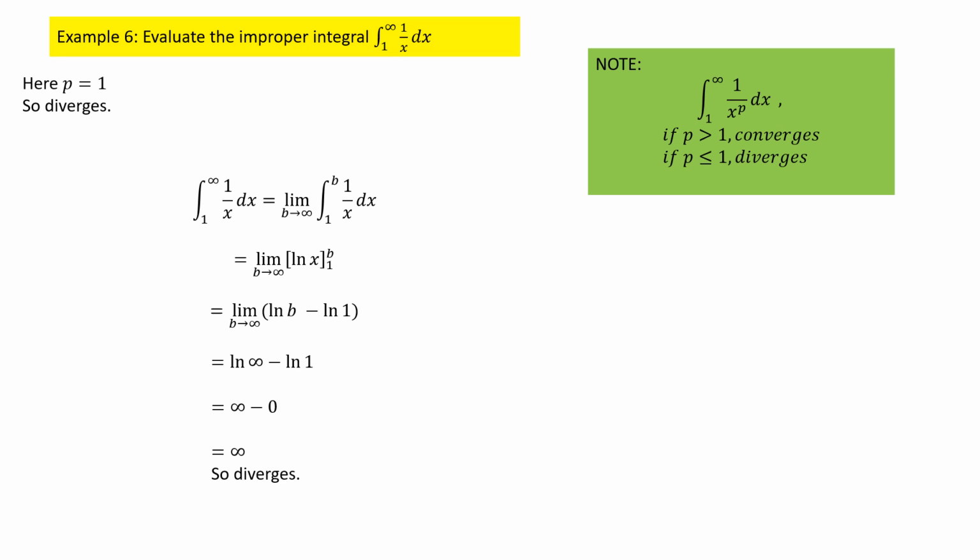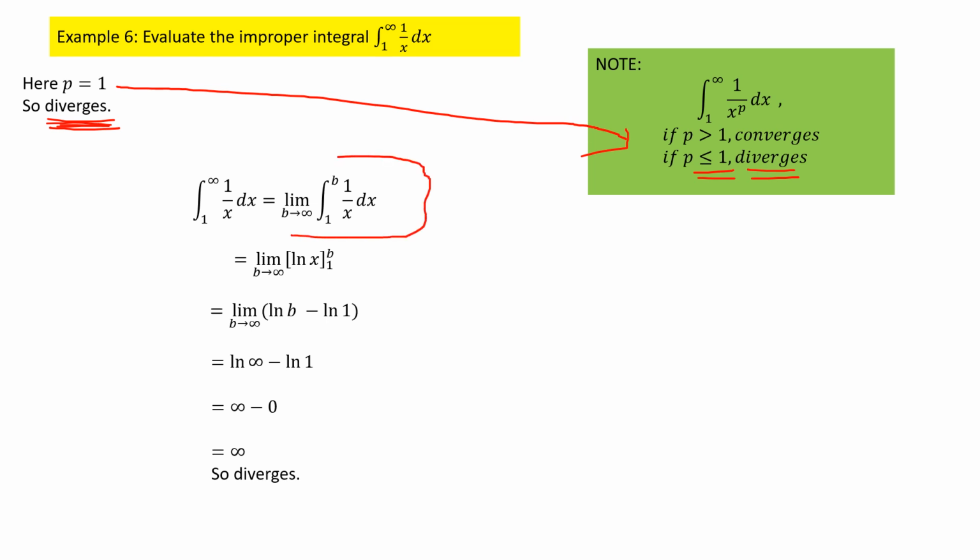Same way, evaluate the improper integral, integral of 1 over x into dx. If I compare the p-value with this condition, I come to know here the p-value is exactly equal to 1. So I can say the problem is going to be divergent, or we will get a divergent value. Okay, let us calculate what the value is. So first step, we will write limit b approaches infinity, integral 1 to b, 1 over x into dx.